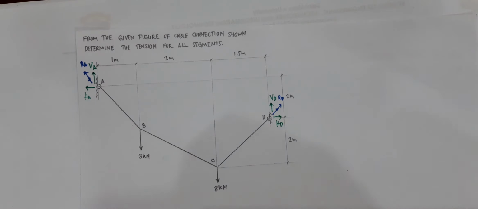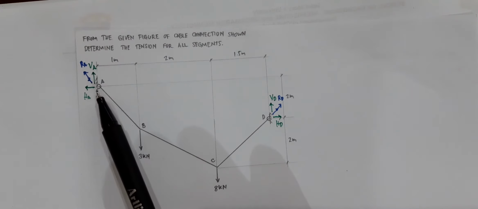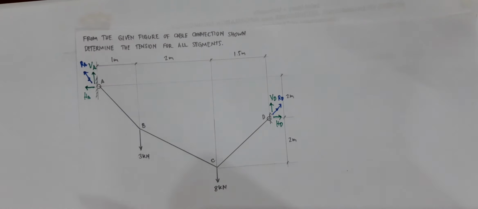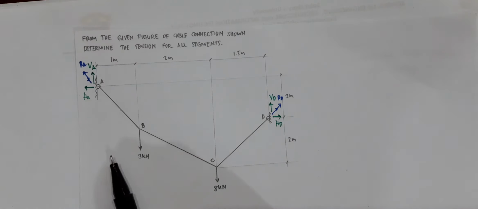So with that, we can start our analysis by taking the whole system as a free body, let's say taking moment at point A. Why point A? Because at this particular part you have a complete set of data. By complete set of data, that means you have here horizontal and vertical distances, or difference in elevation, while on this particular side you do not have vertical distances with respect to a fixed datum.